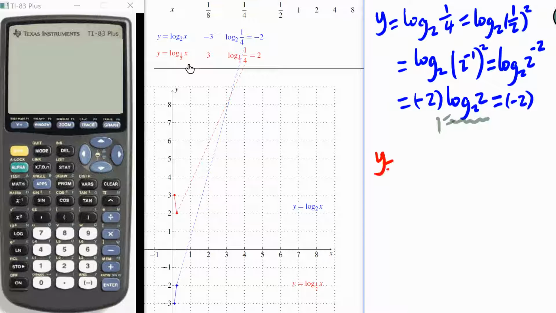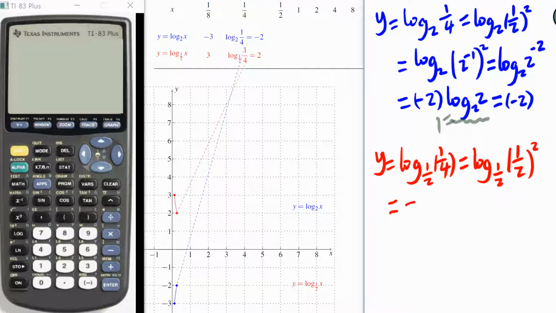y equals log base 1/2 of 1/4. And then we see that will be log base 1/2 of 1/4. You may rewrite 1/4 like (1/2) squared. And then we know that will be 2 times log base 1/2 of 1/2.